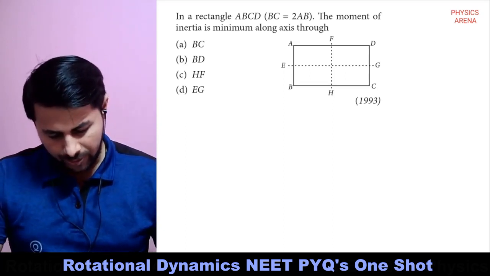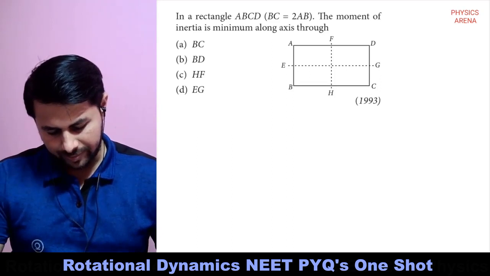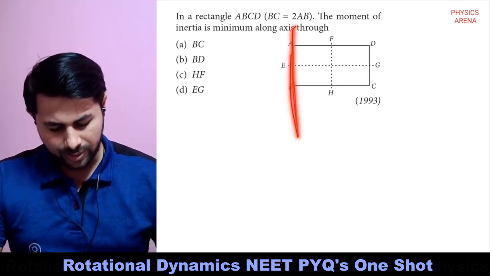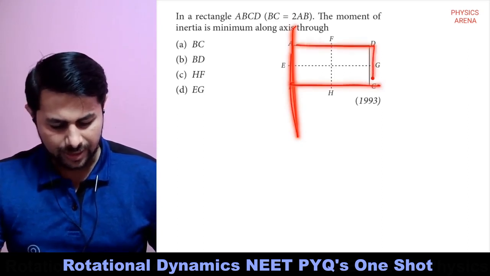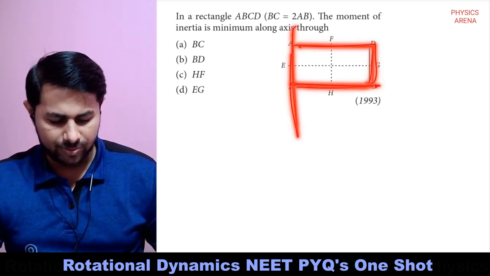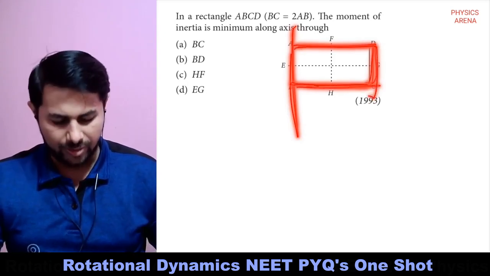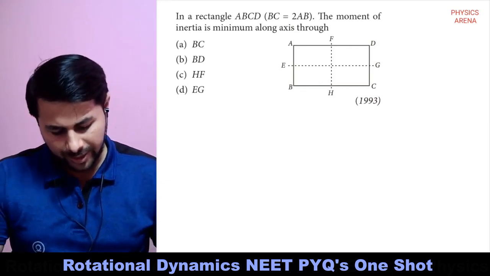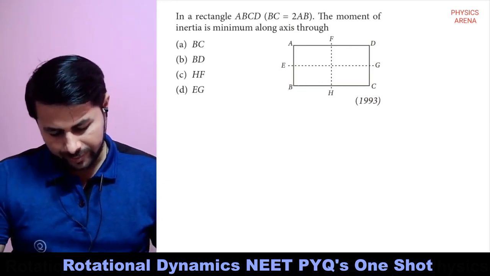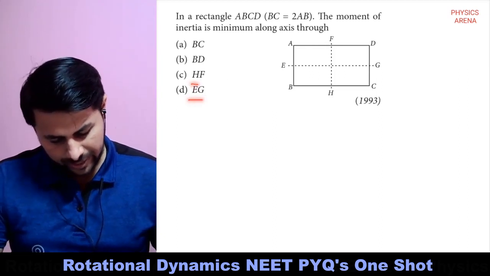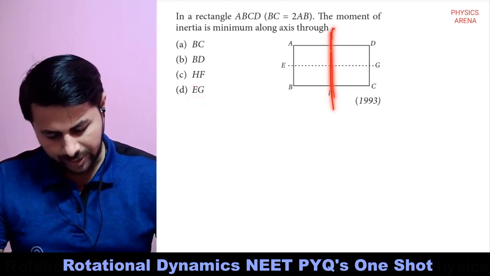So see, if you take this axis, for example, there is more mass away from the axis of rotation. This length is more, so that means there will be more mass away from the axis of rotation. But what are the options? HF is there, this one.